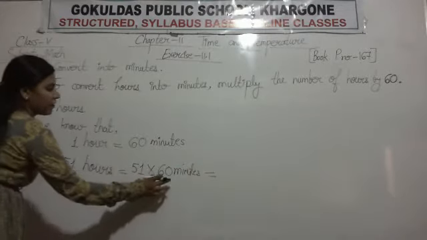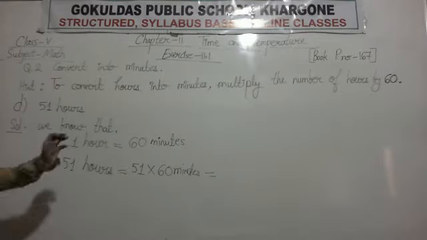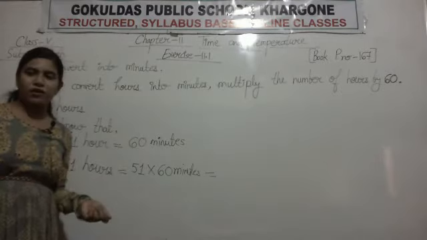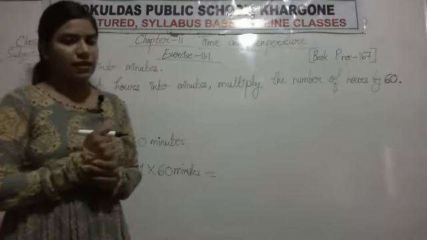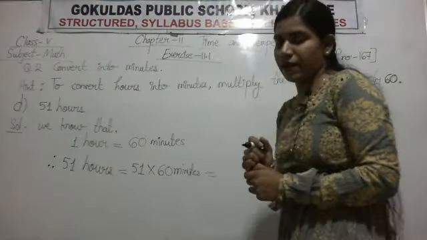Now multiply 51 with 60. In rough work, arrange both the numbers column wise and multiply them. Arrange 51 and 60 column wise and multiply them.